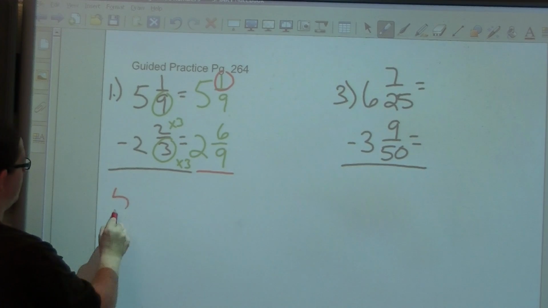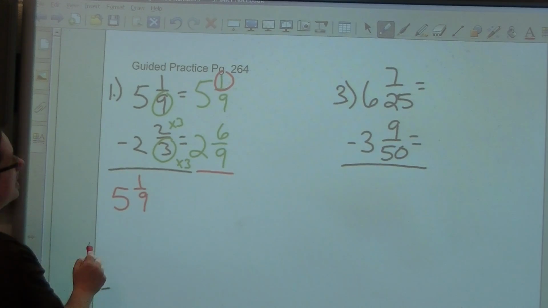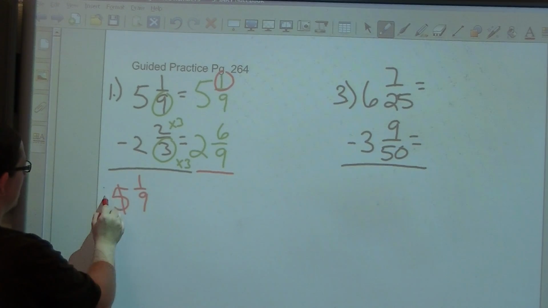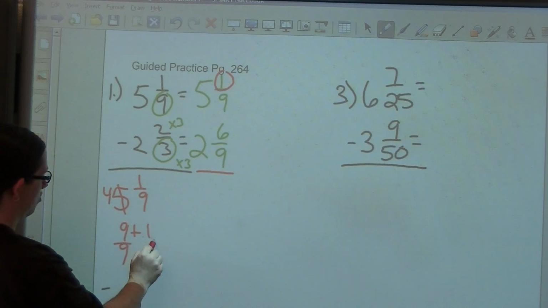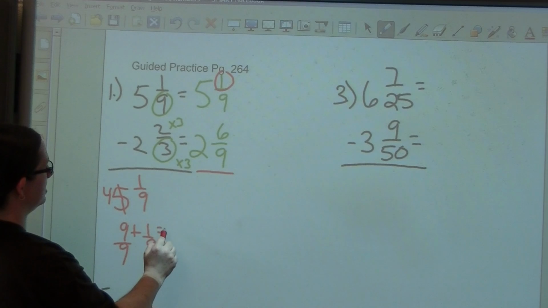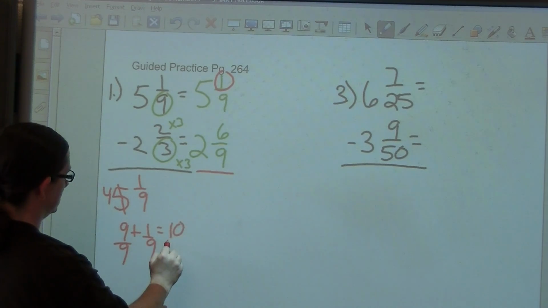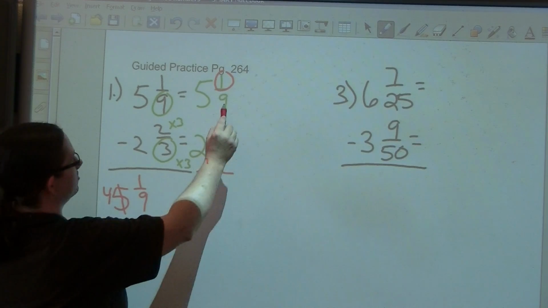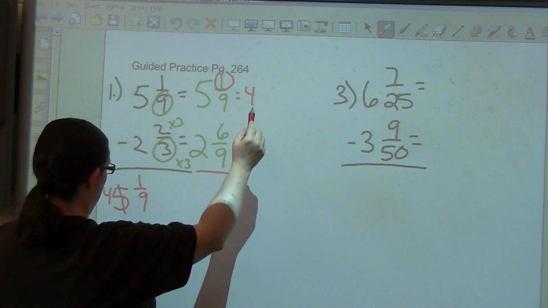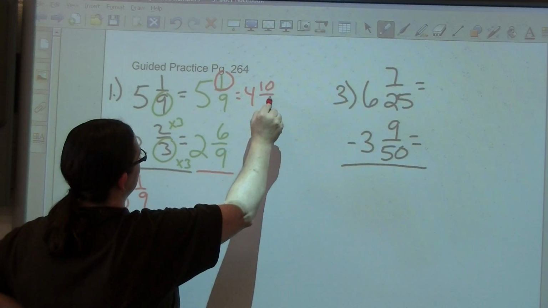Okay, so now I need to take my 5 and 1/9, and we're going to make the 5 become a 4. This is going to become 9 over 9 plus my 1/9 that's already here to give me 10/9. Okay, and my whole number stays what? Same.